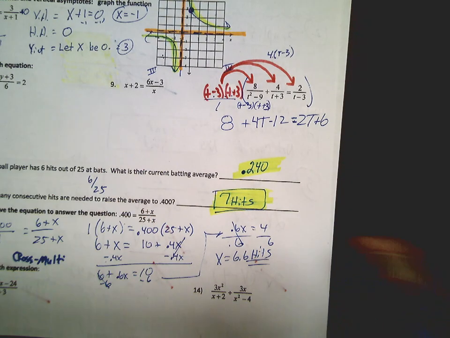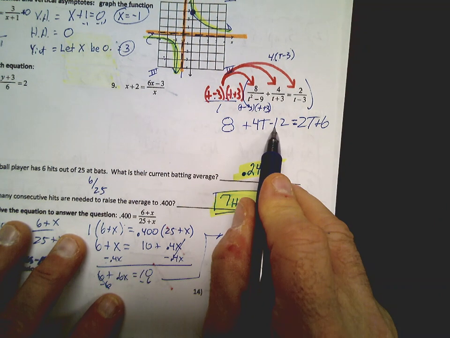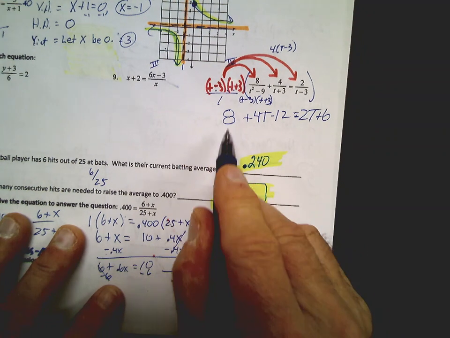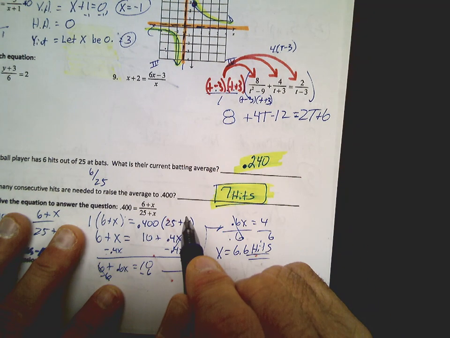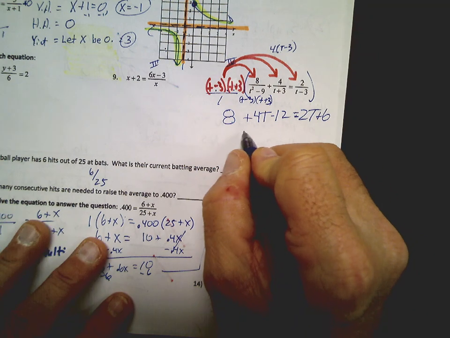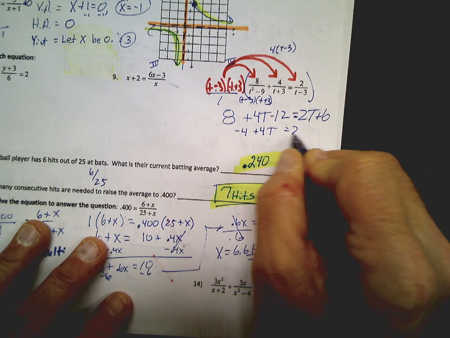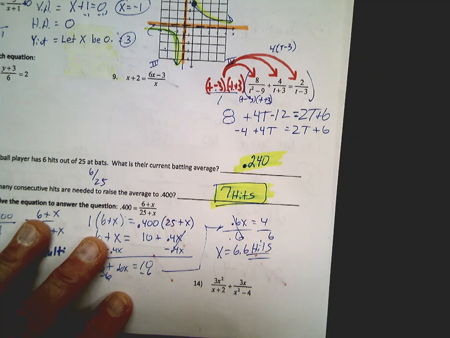Back to Caden. What's my next step, Caden? We got to solve that thing for t. I would combine this 8 and that negative 12. So we have negative 4 plus 4t, 2t plus 6.